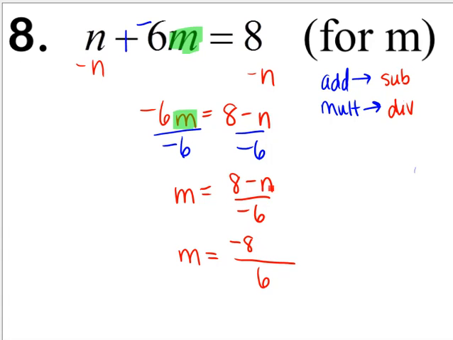And what happens to n, because it was negative and you're doing a negative divided by a negative, which is now a positive, it is actually a positive as well. So I will just flip-flop the negative 8 plus n to read n minus 8 over 6, and I will stop at this point.